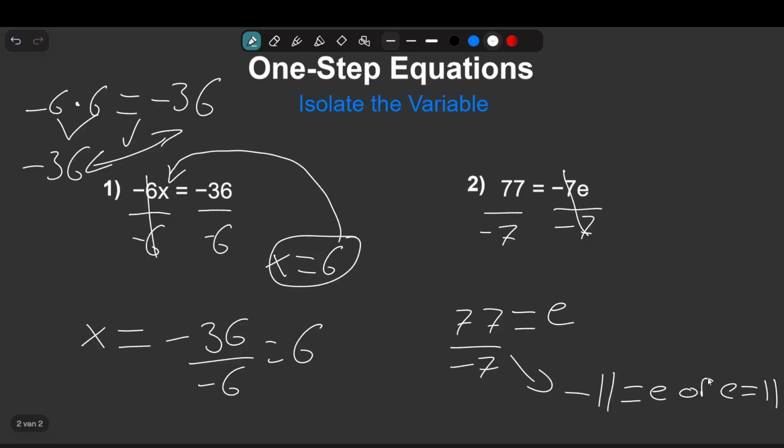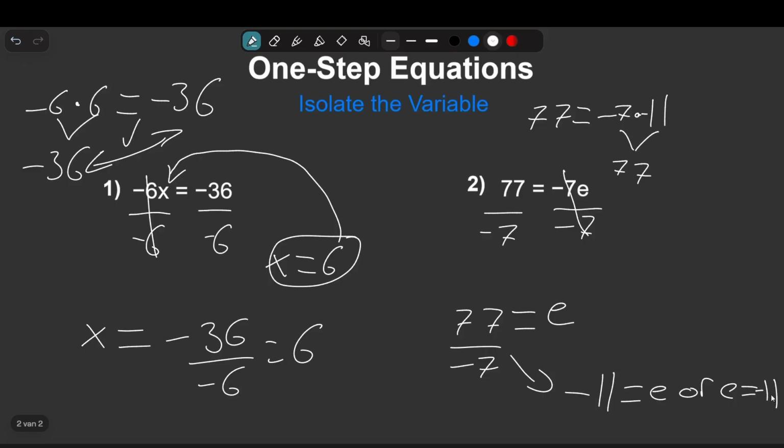Now again, to check this, you can just plug your answer into the equation like this. So you will get the problem 77 equals -7 times -11. Now you can solve this. -7 times -11 will equal 77 because we are multiplying two negative numbers.